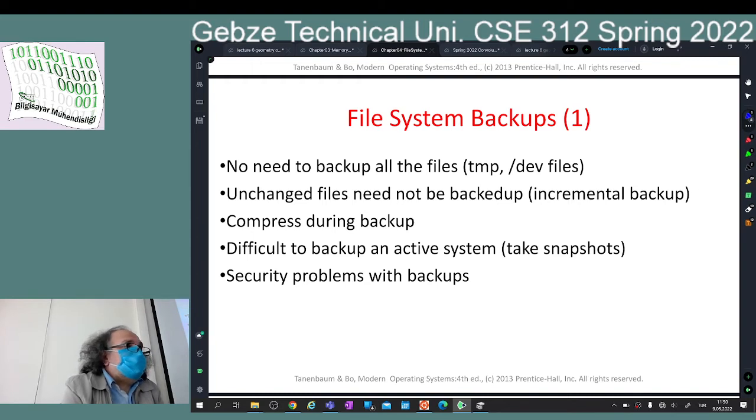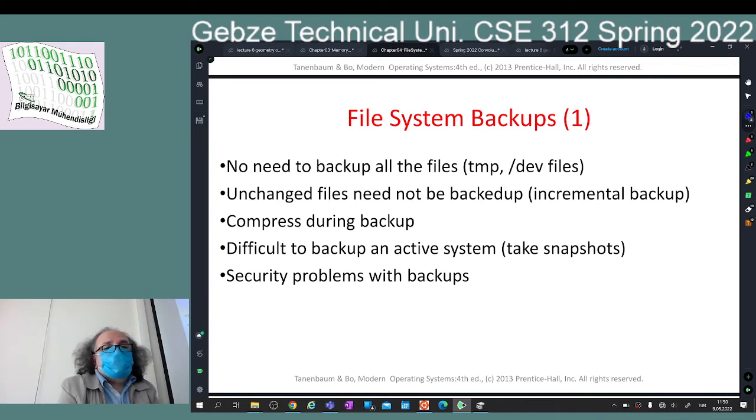While you are taking the backup, compress your data because most of my disk data can be compressed, such as the text data, and these are the kind of things that you need to be careful about.